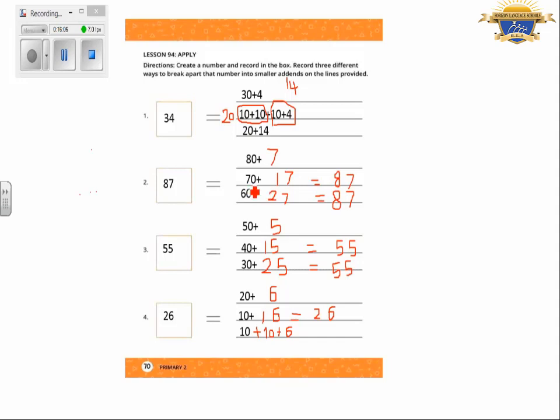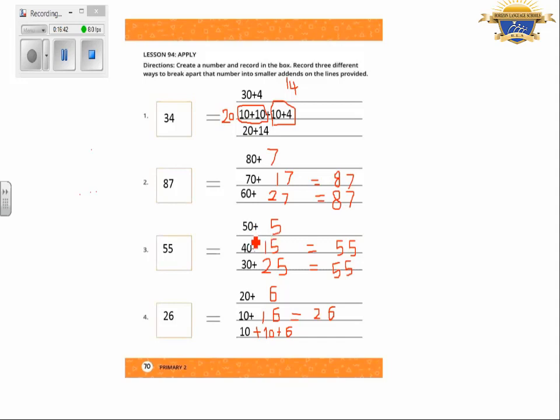The other way, I will take another 10 from 70, so 70 becomes 60, and I will add this 10 to 17, so 17 plus 10 equals 27.